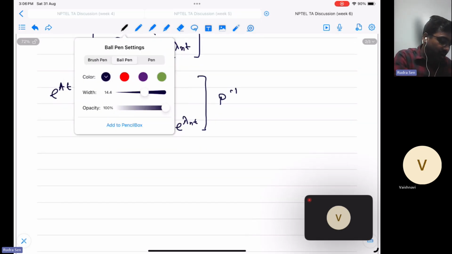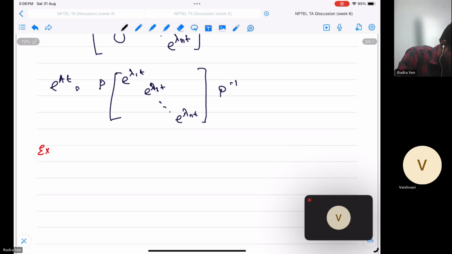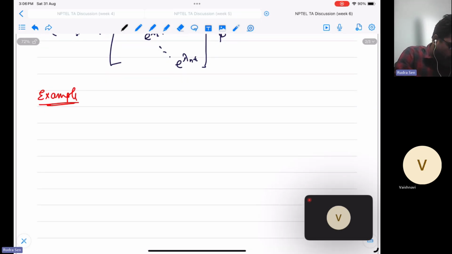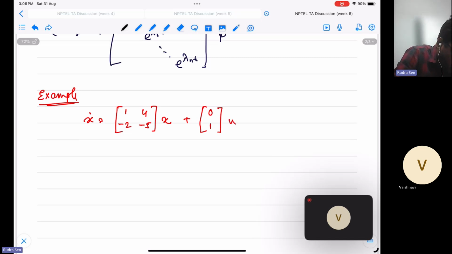Now we will take an example. I have a system, let's say x dot equals, it's a 2 cross 2 second order system, [1, 4; minus 2, minus 5] x plus [0; 1] u, and y is equal to [1, 0] x.